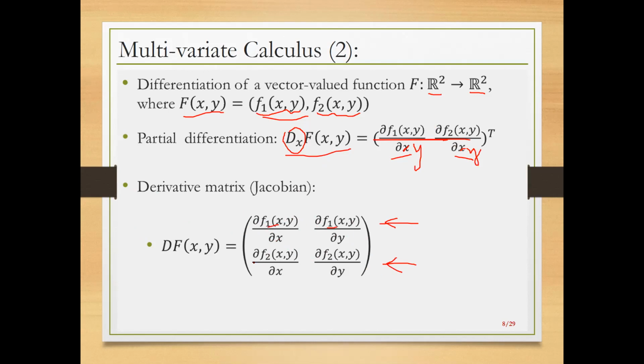In the second row, you have function 2 differentiated with respect to the variables. So this is known as the Jacobian matrix, okay? If you put it in the matrix form, this is called the Jacobian.